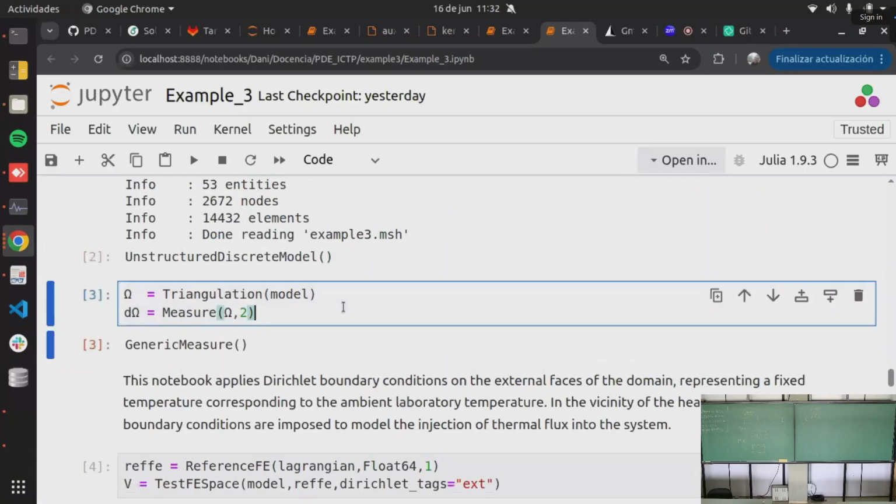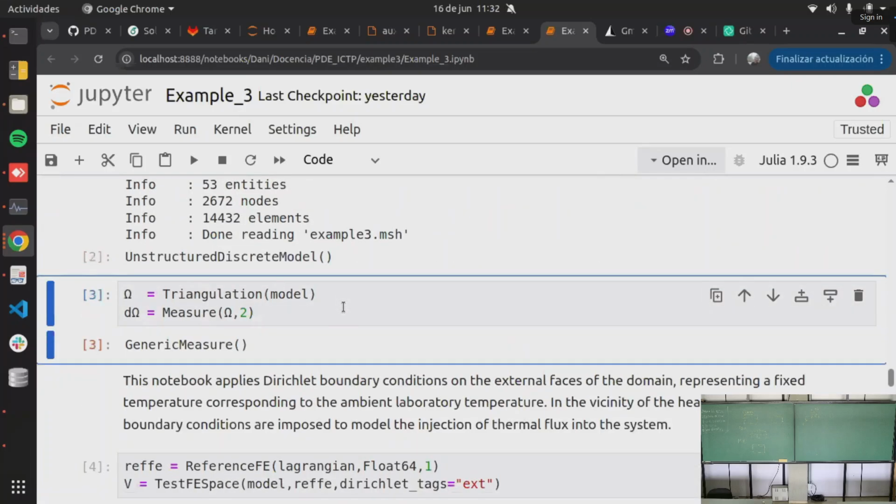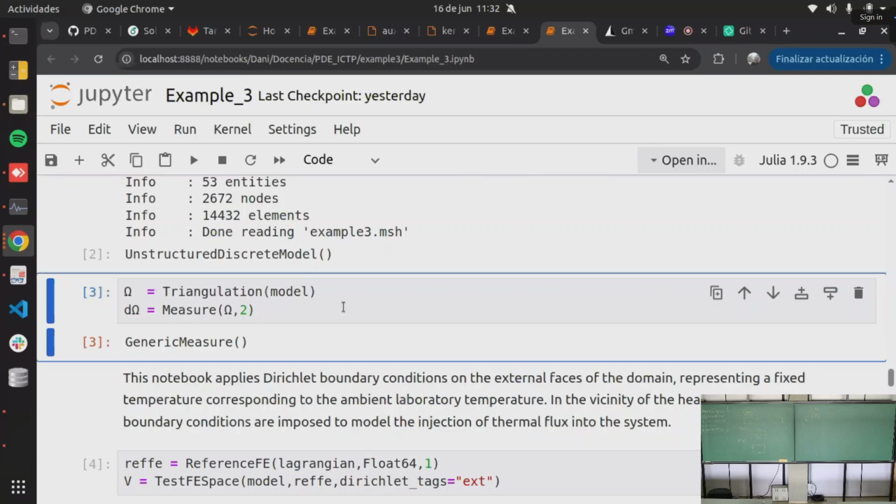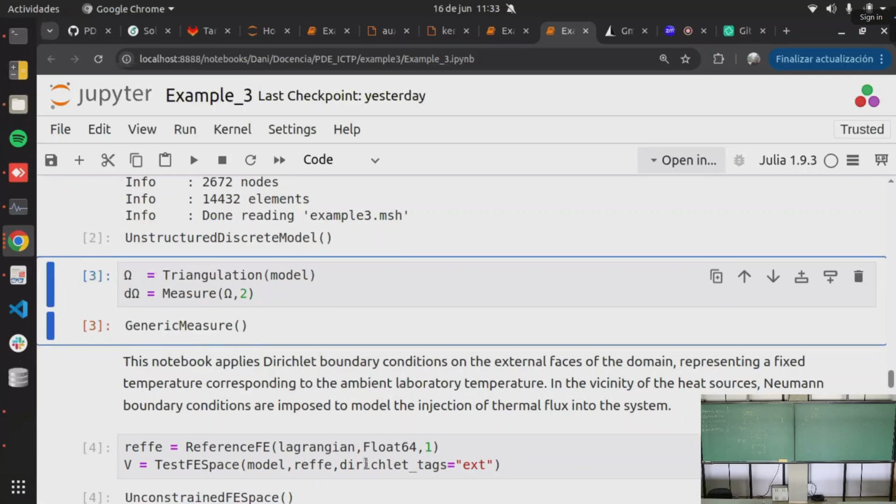We perform the triangulations. So in this toy model, we use Dirichlet boundary conditions in the exterior of the domain, and a Neumann condition in the internal boundary that we impose to the model, the injection of thermal flux into the system by the resistors.